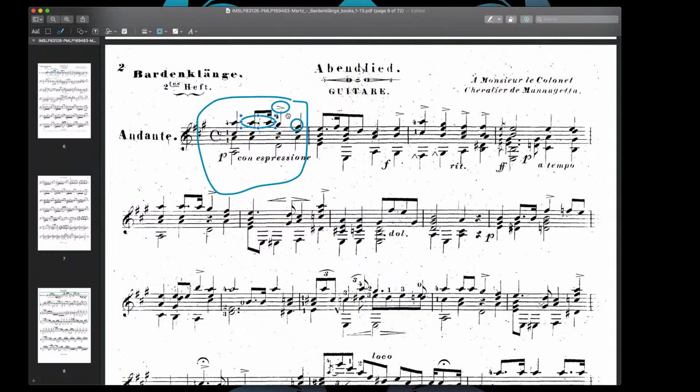I think it's quite expressive to go softer after that, right? So we have a marking, we have a direction in the music there, that note is a little louder. We're going to push that note a little louder. And by default, the other notes around it will not be pushed like that, so they're going to be a little softer. Why is that happening? Why is that marking there? Well, that marking is there because here, technically, we have an unprepared suspension. Basically, you can think of it like this: these notes make up a D major chord, right?